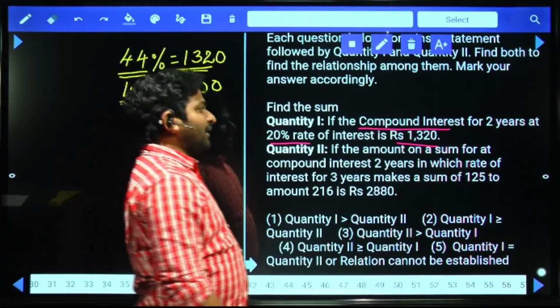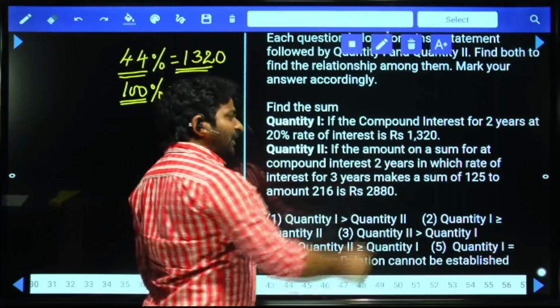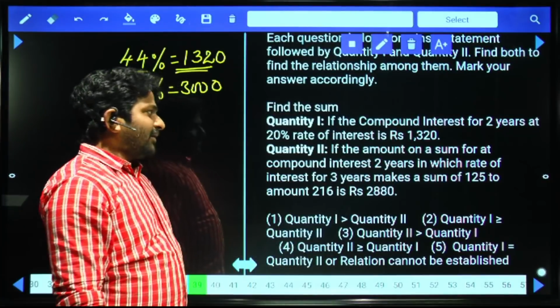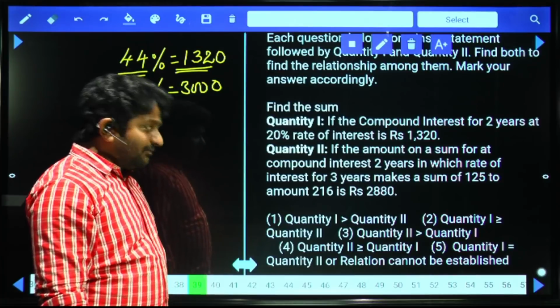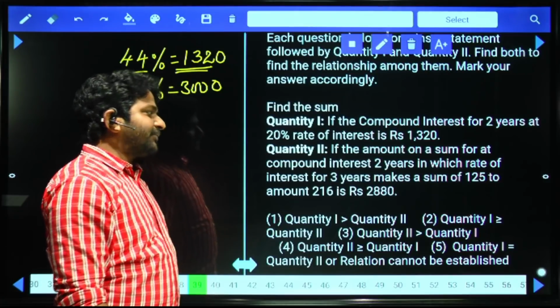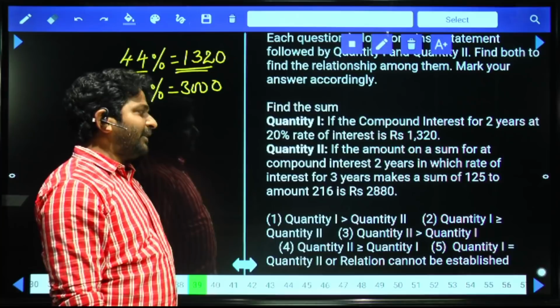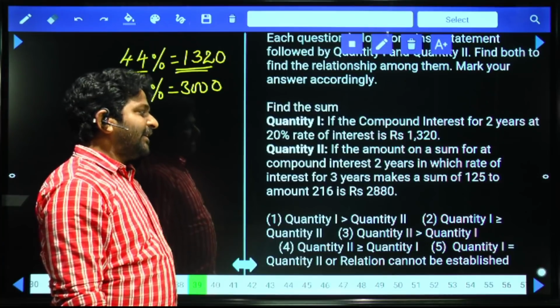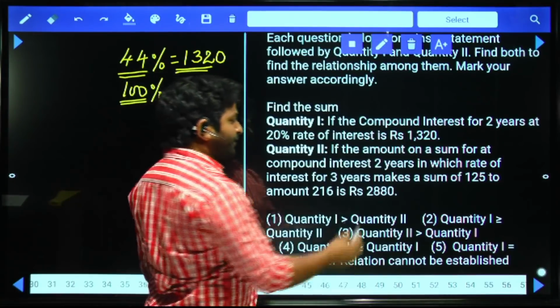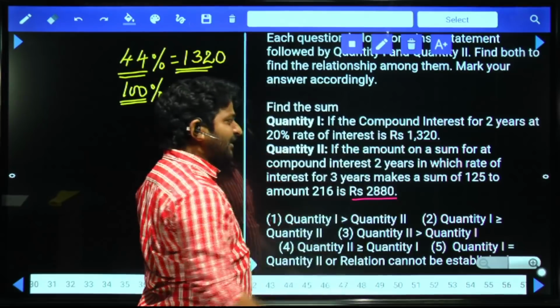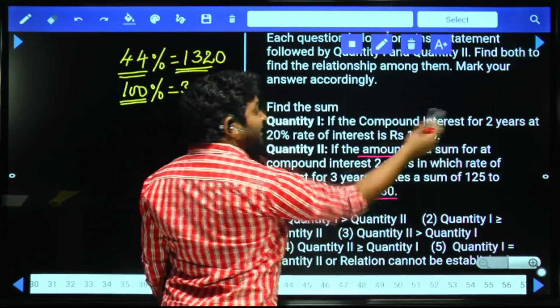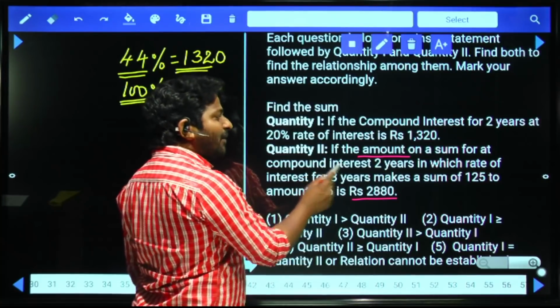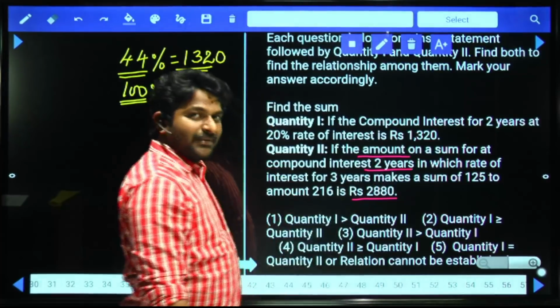Next, if the amount on a sum for compound interest 2 years, in which the rate of interest for 3 years makes a sum of 125 to 216, is 2880. Now this 2880 is the amount on a particular sum at the rate of compound interest for 2 years.